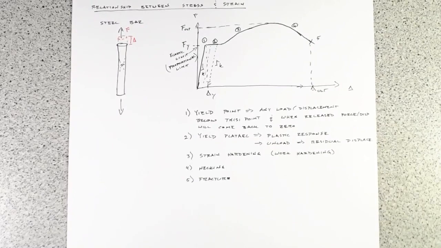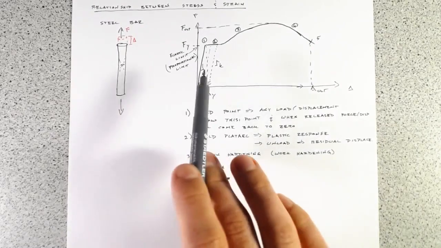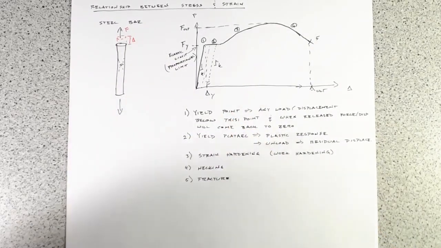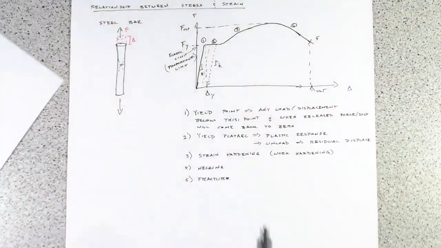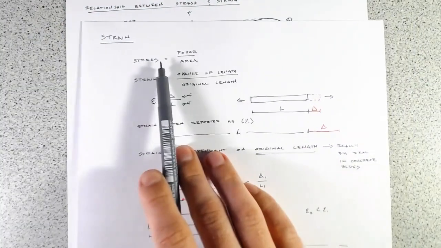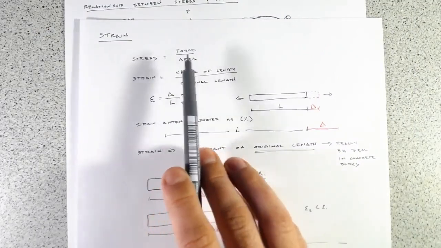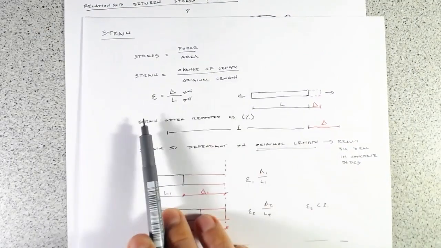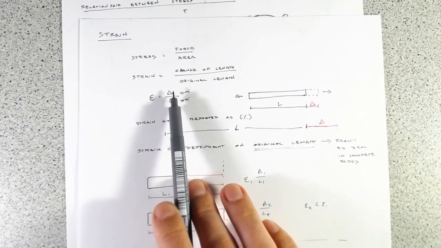So again, we looked at forces and displacements, but what does this have to do with stress and strain? Well, to go from force to a stress, we just divide by an area, and for strain, we just divide delta by the original length.